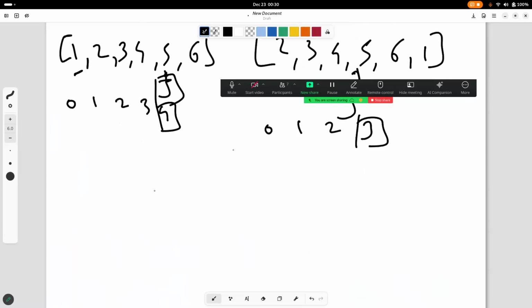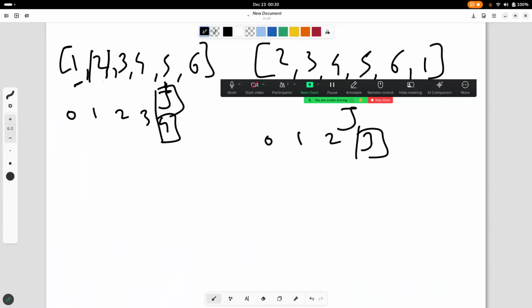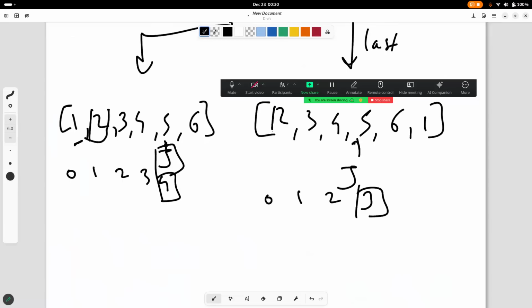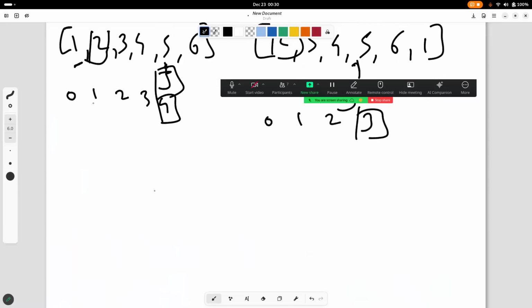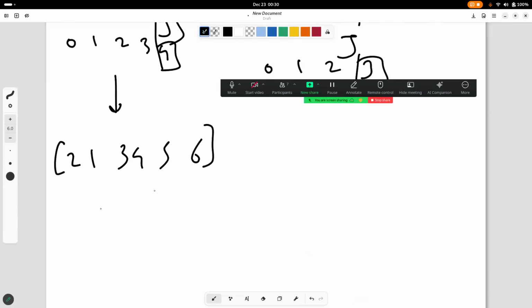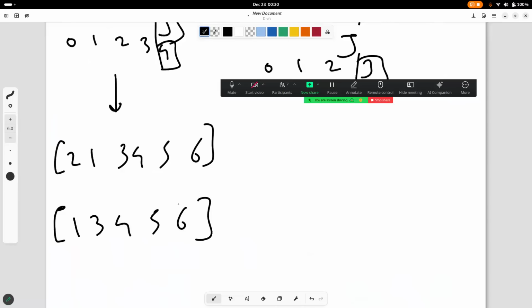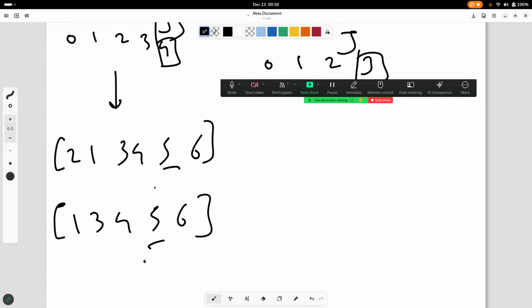And then the next query said that you can operate on 2 now. What happens when you operate on 2? Well, for 1, 2, 3, this would either become 2, 1, 3, 4, 5, 6, or this would become 1, 3, 4, 5, 6. In either case, the index would be either 3 or 4.